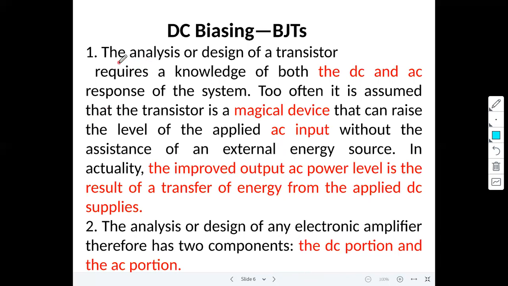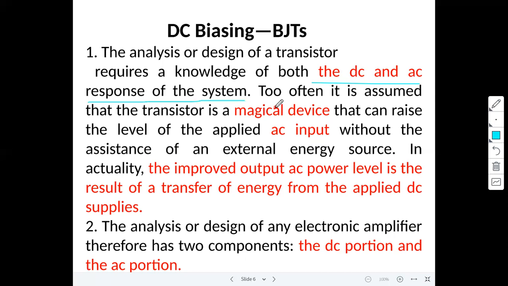Now observe here. The analysis or design of a transistor requires a knowledge of both the DC as well as AC response of the system. To analyze the transistor or to design the transistor as an amplifier, we require both AC response as well as DC response.